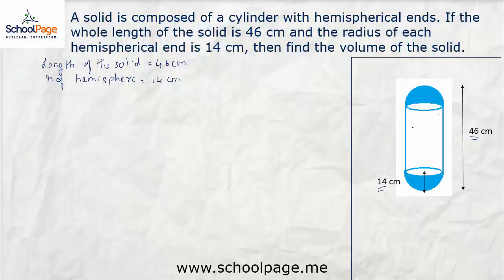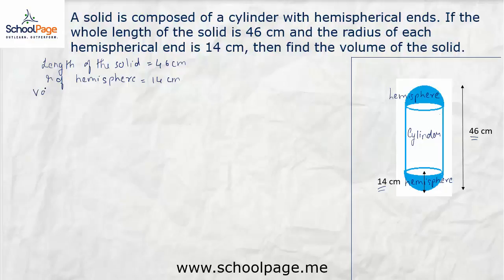We have to first recognize the fundamental solid shapes that make up this solid. This solid is made of a hemisphere, a cylinder and a hemisphere. We know that both the hemispheres are equal because they have a radius 14 centimeters.